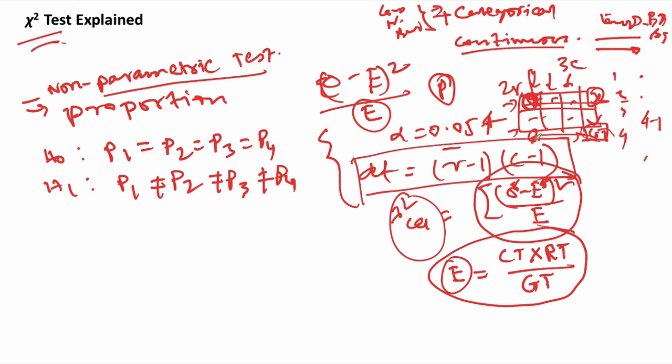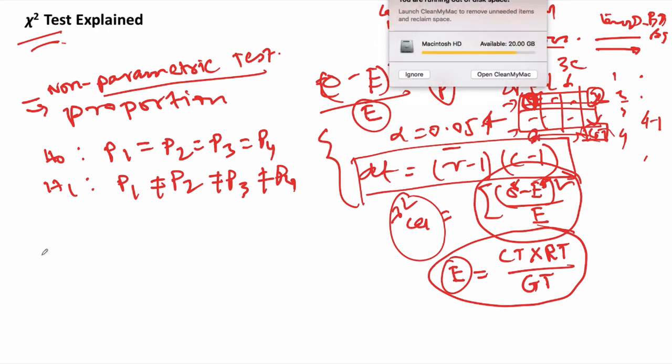We'll take a detailed example, but for the time being, if you have understood this concept, how to calculate the chi-square cal value, then we have the decision rule.